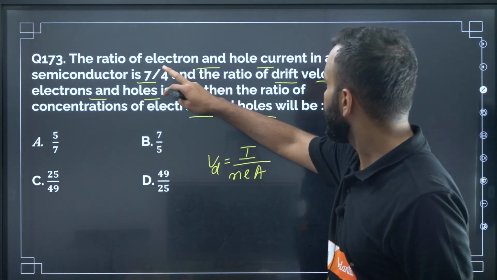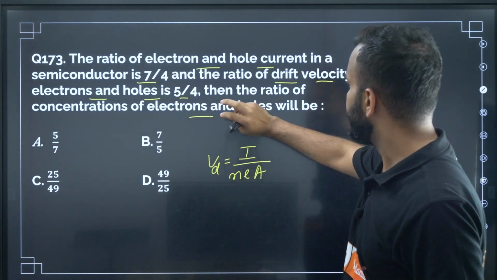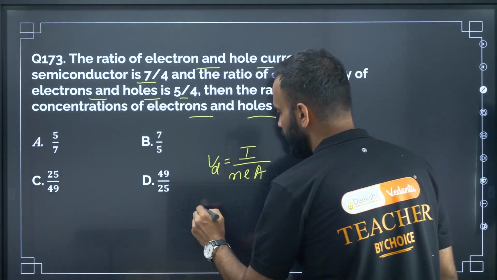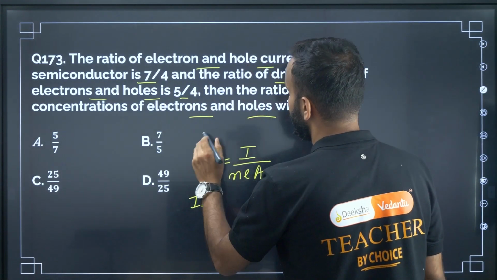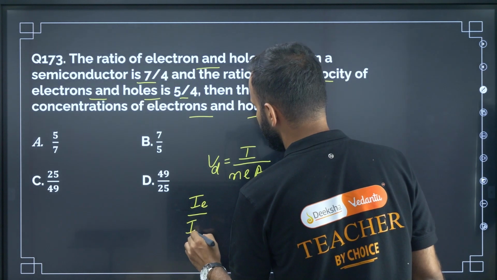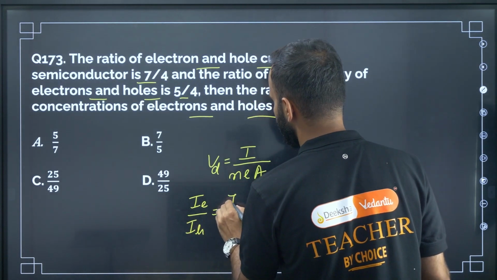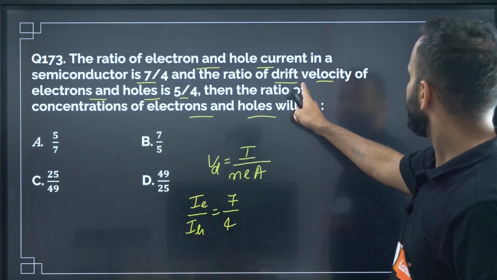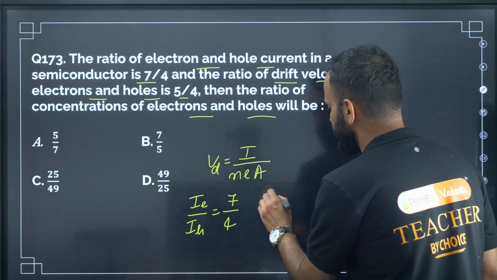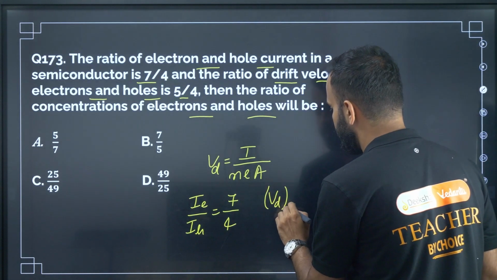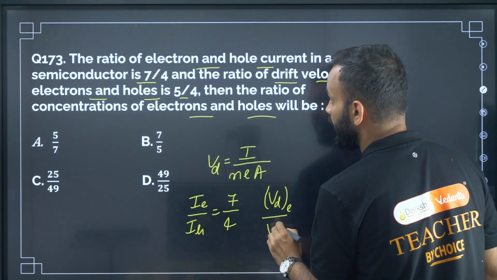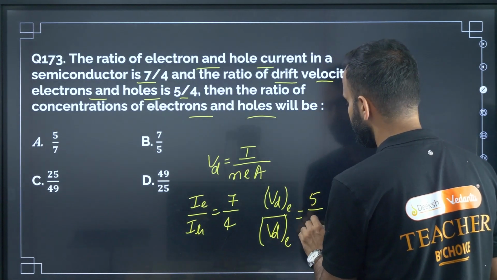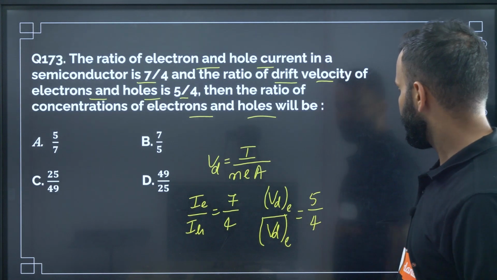Here they have given the ratio of electron and hole current in a semiconductor is 7 divided by 4, and the ratio of drift velocity of electrons and holes is 5 by 4.